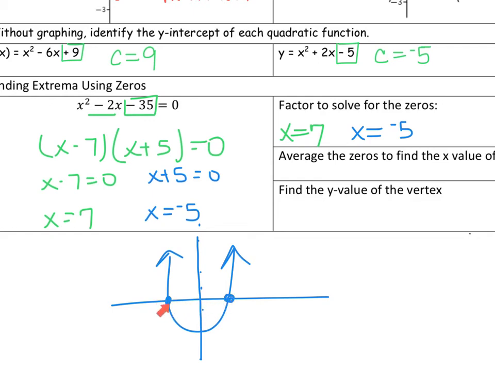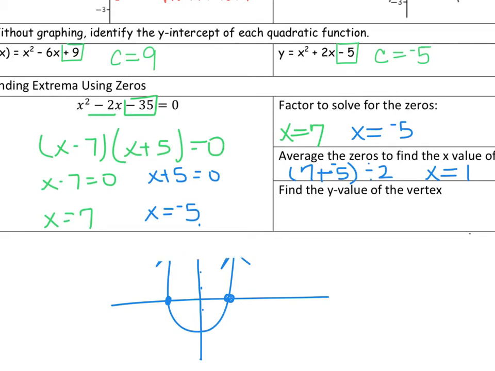It's kind of like using the midpoint formula. So if we average the zeros, 7 plus negative 5 divided by 2, that's going to give us the halfway point between 7 and negative 5. And that halfway point is at positive 1. So positive 1 is the x value of our vertex.